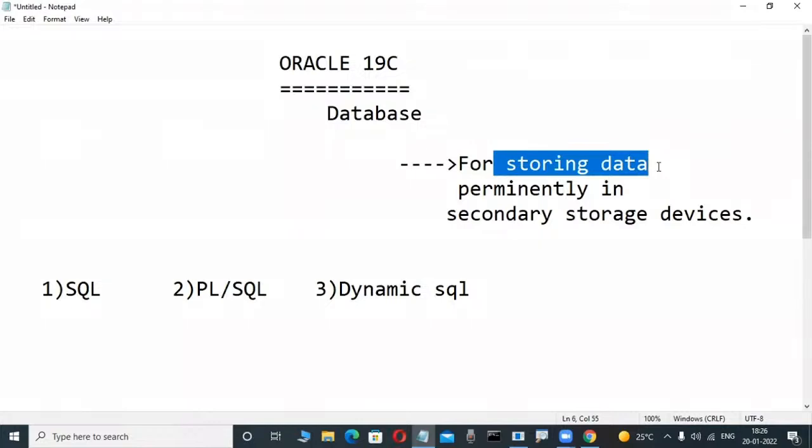But that is absolutely wrong. Not only storing data, so many things are there. Databases are not only about storing data, but also efficient retrieval of data is important. Suppose, for example, observe the screen.